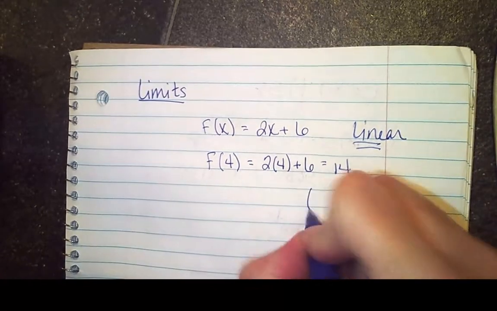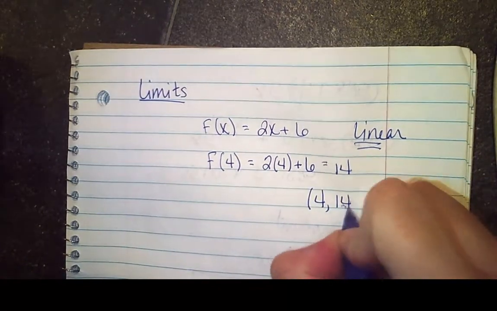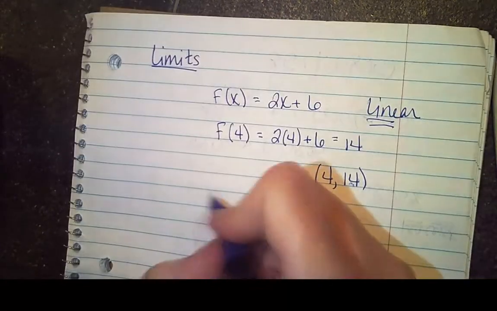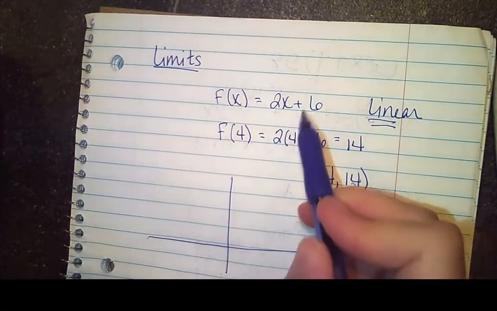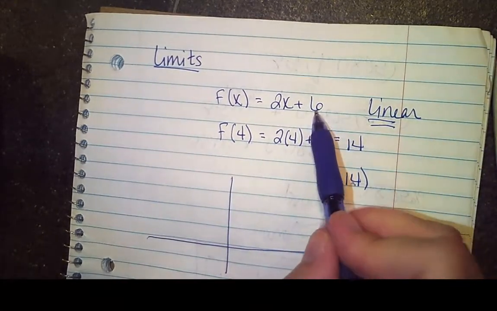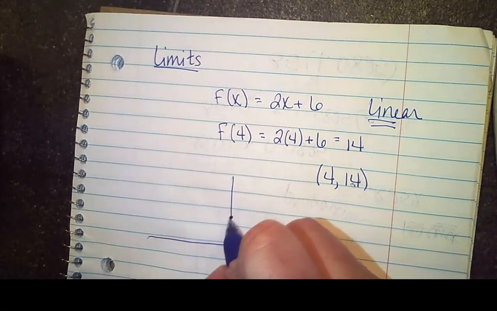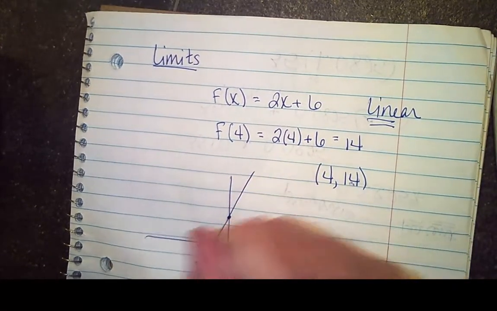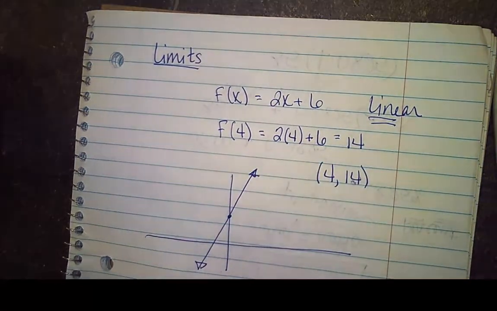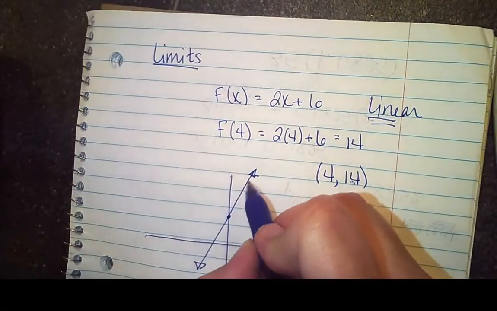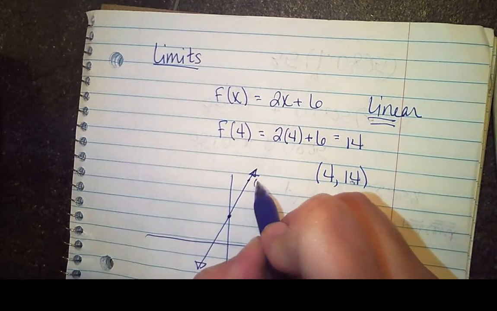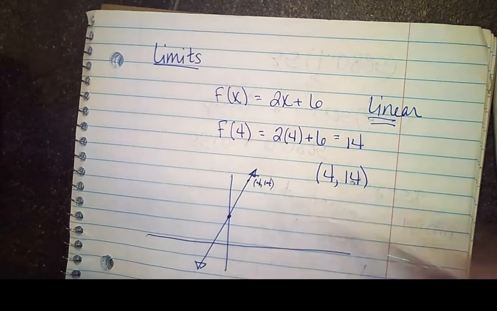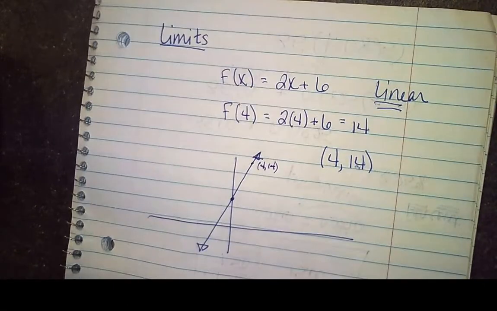We just figured out that the point (4, 14) is on this graph. If I graph it very sloppily, my y-intercept is 6 and my slope is 2. This is not drawn to scale. And I know if I shove in an x value of 4, its corresponding y-coordinate is 14.